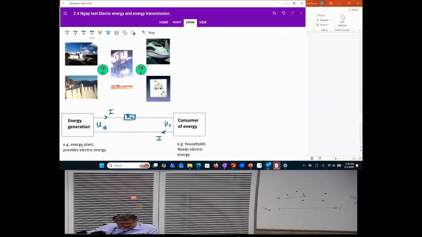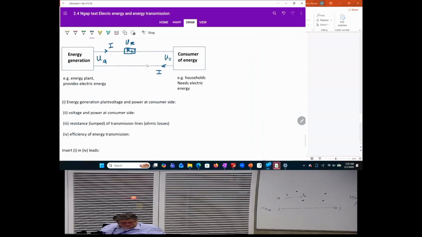So you have some power loss in this transmission line, and over this ohmic resistor there's also a voltage drop.